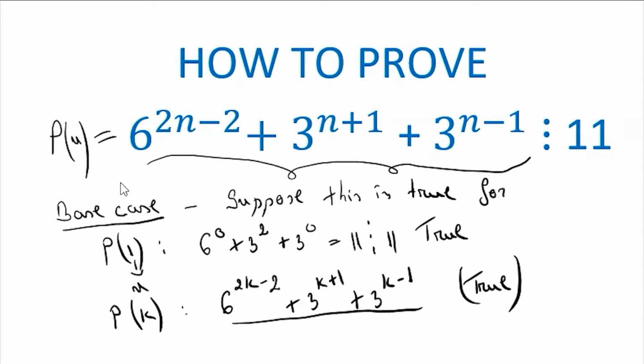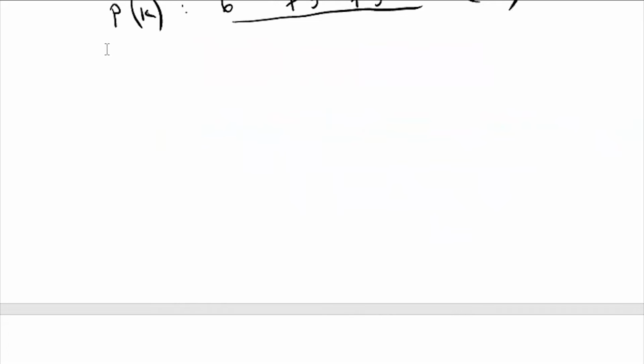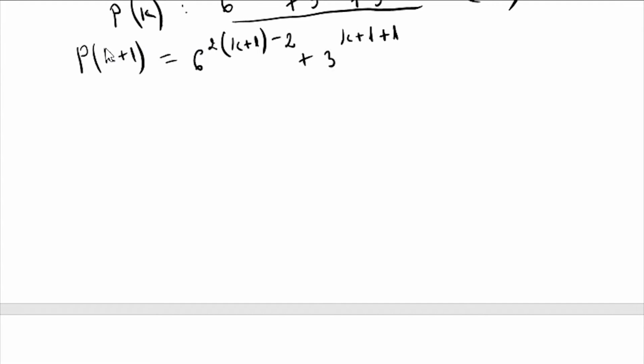Now I show that P of k plus 1 equals with 6 to the power of 2 of k plus 1 minus 2 plus 3 to the power of k plus 1 plus 1 plus 3 to the power of k plus 1 minus 1.